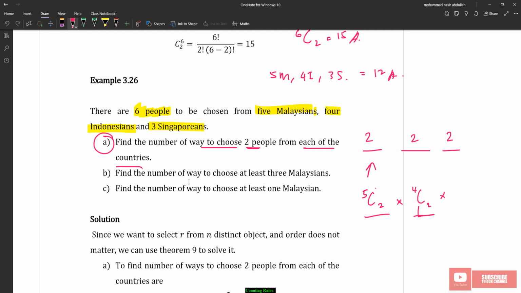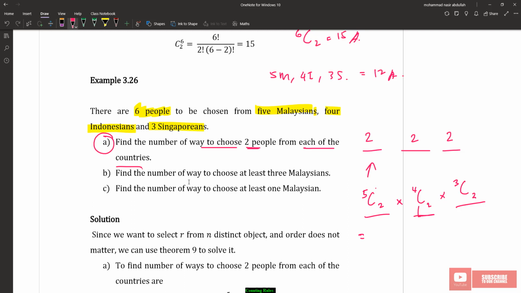Why do we use combination? Because we don't care about the ordering. And the last one, we want to choose 2 people out of 3 Singaporeans.